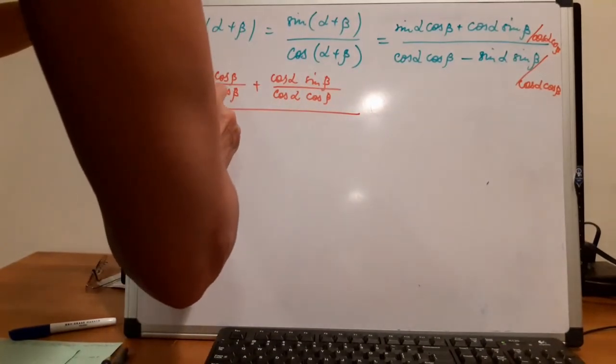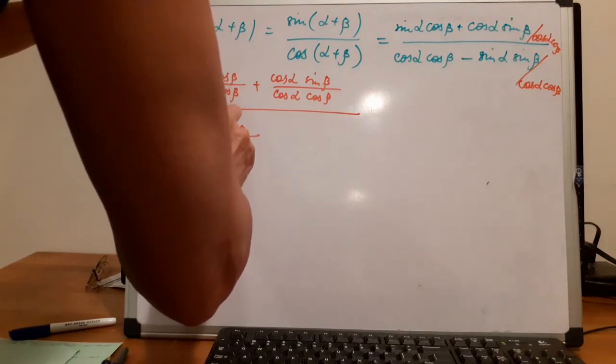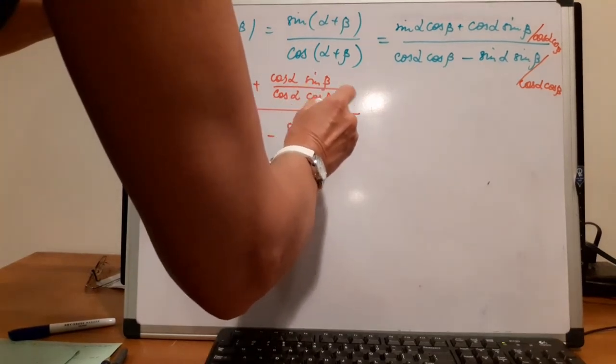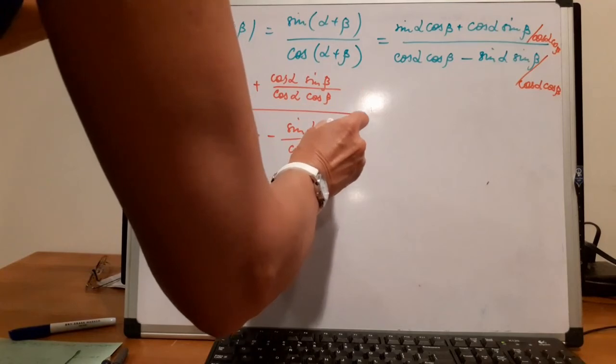Denominator, cosine of alpha, cosine of beta, minus sine of alpha, sine of beta, divided over cosine of alpha, cosine of beta.